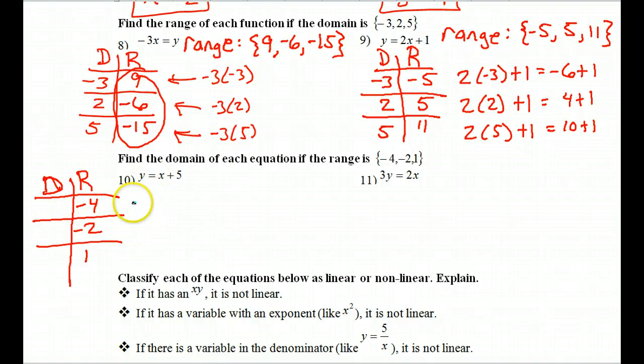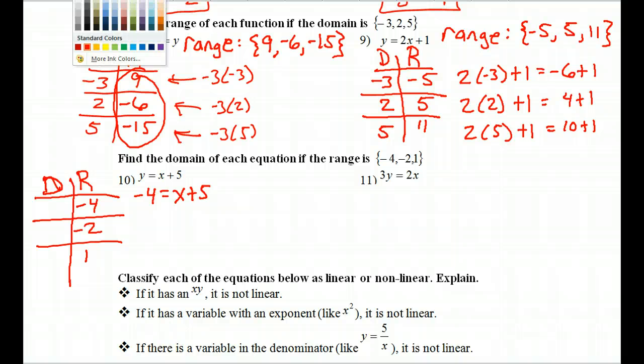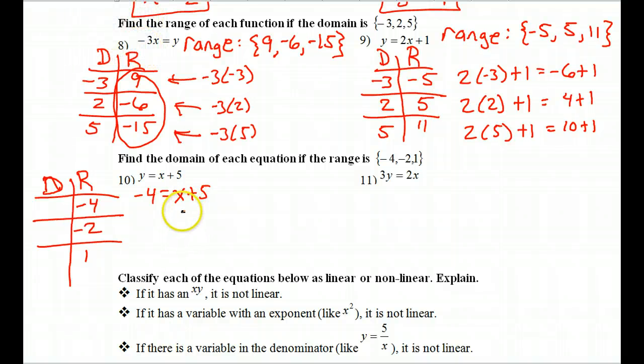So for example, let's start with -4. If we put in -4 for y, then that means -4 is equal to x plus 5. If we subtract 5 from both sides, that will give us the x value. So that's going to give us x equals -9.